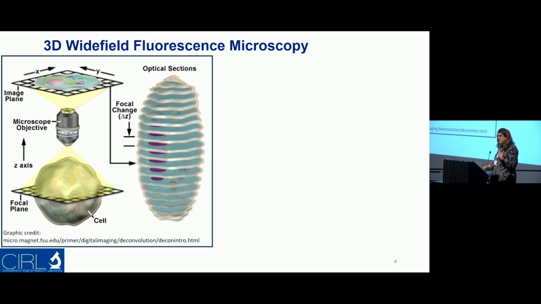A little bit of background, because we have a diverse audience. We're talking about accomplishing 3D fluorescence microscopy by scanning a fluorescently labeled sample. Images are obtained by axially scanning the sample and getting a volume.